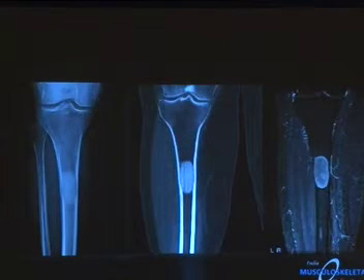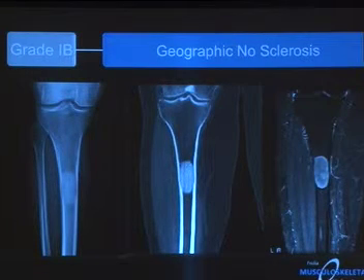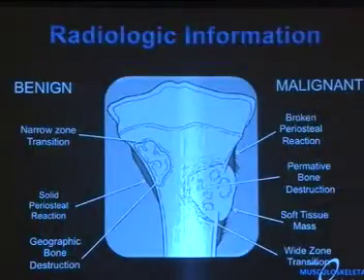The borders are very obvious, but it's not being walled off. It doesn't have a sclerotic rim around the outside. And here you can see the CAT scan, no sclerotic rim, but it's certainly a geographic lesion, and you can classify that as a 1B, and this is a giant bone island. But we knew it was benign, even if we might not have known what it was, because it followed the classification system.